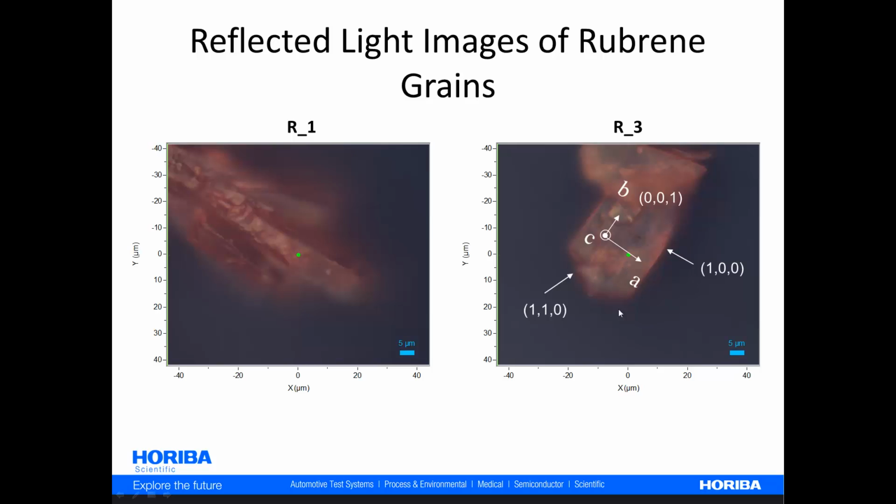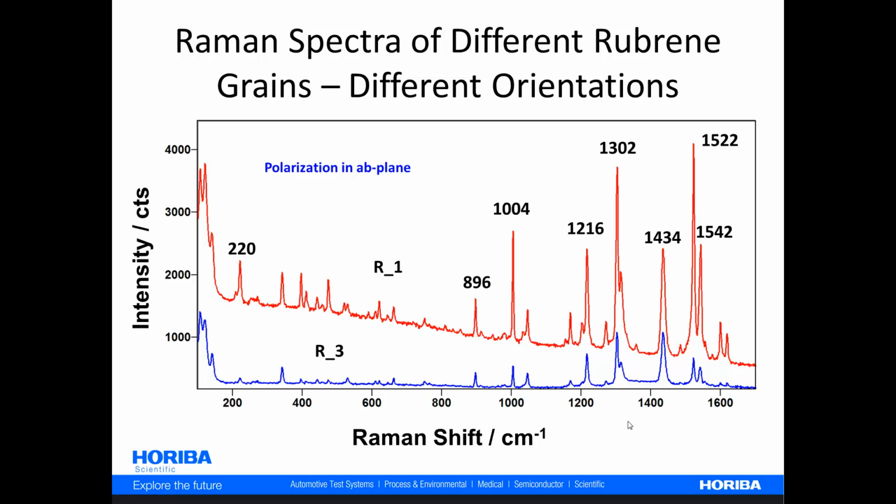Okay, so now we're going to look at the Raman spectra obtained from those different grains at that green dot. So the blue spectrum is the case of R3, Rubrene grain 3, in which we're looking at the C phase, and therefore our incident polarization was fixed in the AB plane.